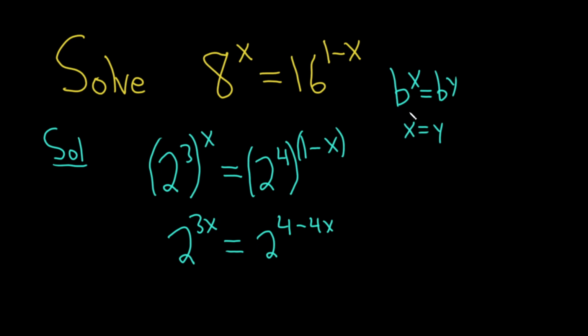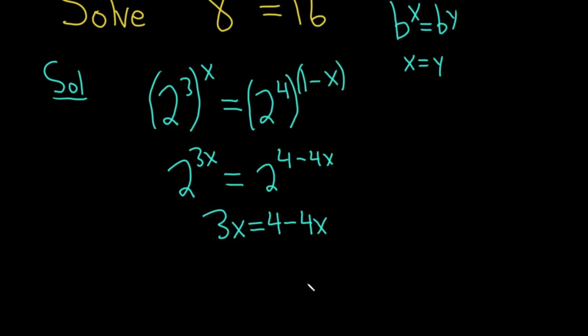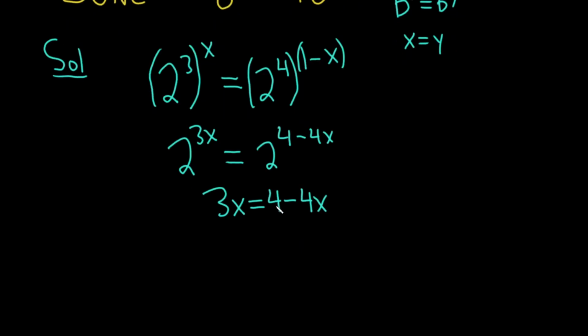Now we're in the situation where we can use this formula. So now you can drop the 2's. So we have 3x, and that's equal to 4 minus 4x. Okay, so now we have to solve for x. So let's see, maybe we can just add this 4x to both sides. So plus 4x, plus 4x.